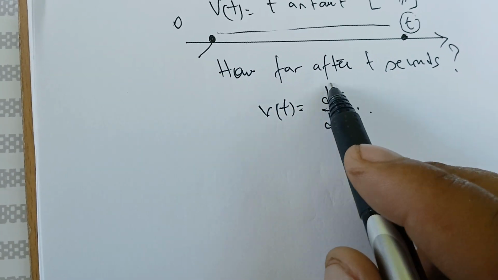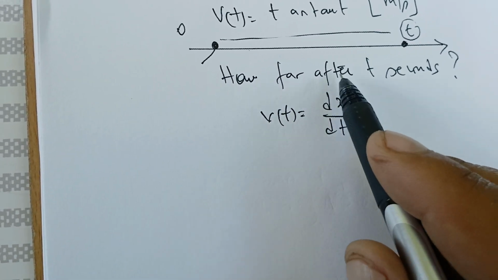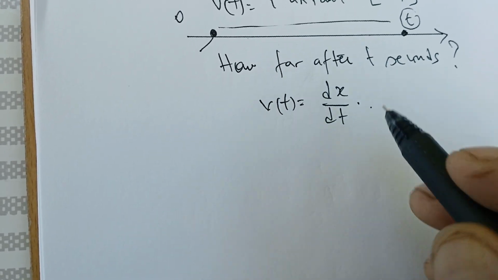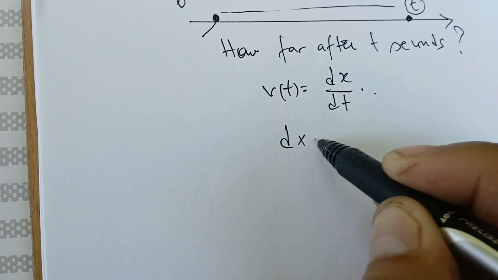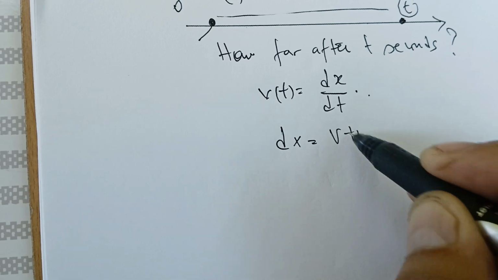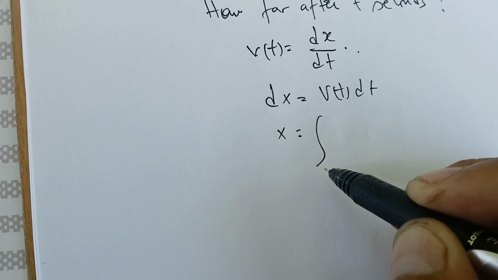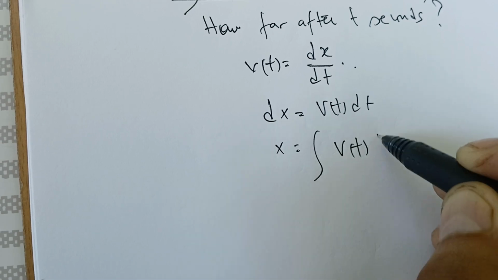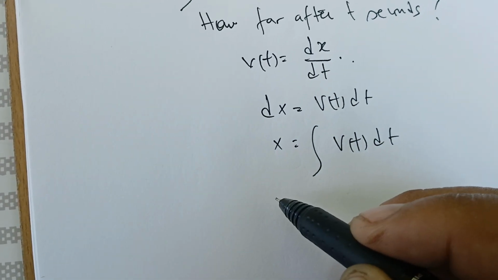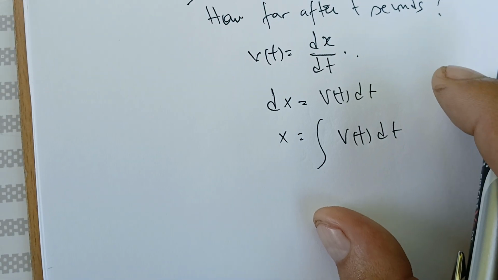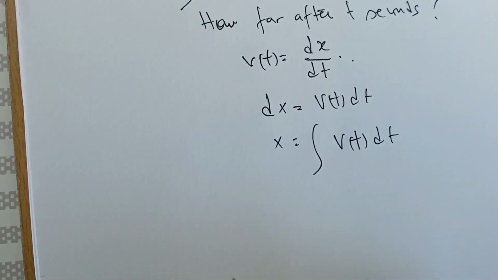So here we have x is the position that's dependent on time. To solve this question, we need to integrate. dx is giving us v(t) dt. And once we integrate, we get x is the integral of v(t) dt. Let's not worry about the variables now. Between what and what?